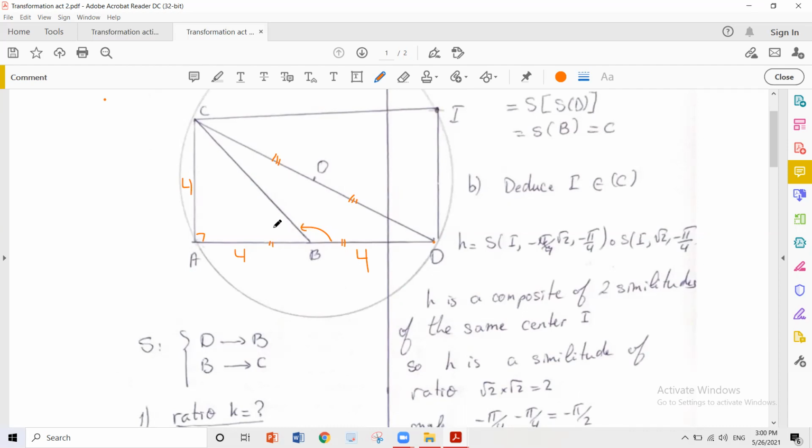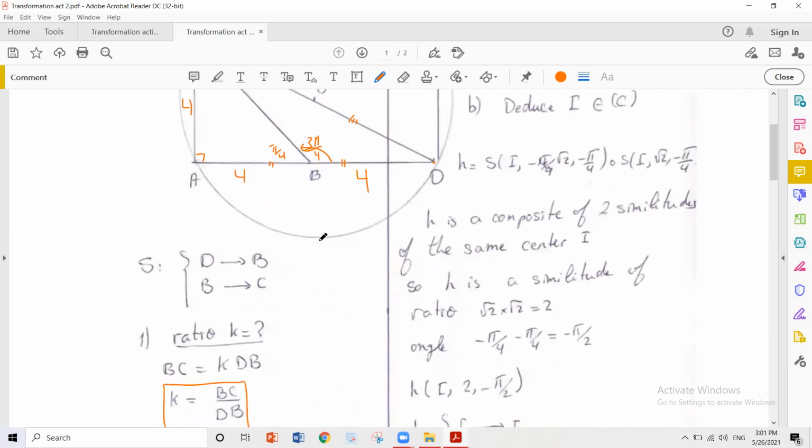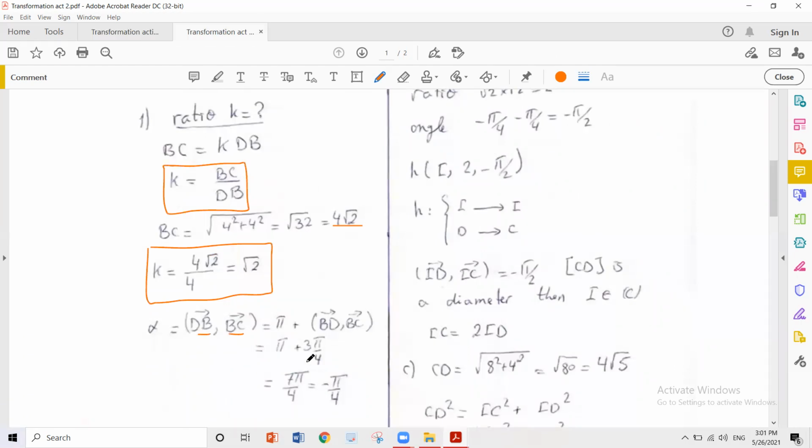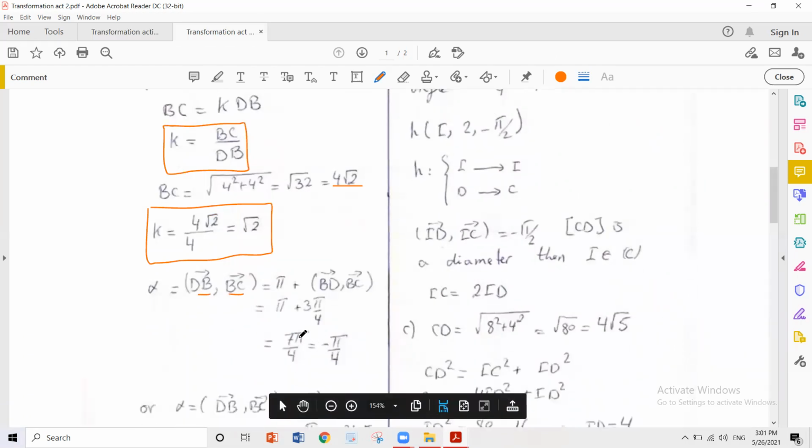This angle is 180 minus 45, so 135, which is 3 pi over 4. This is pi over 4, this is 3 pi over 4. So pi plus 3 pi over 4 equals 7 pi over 4, or minus pi over 4.